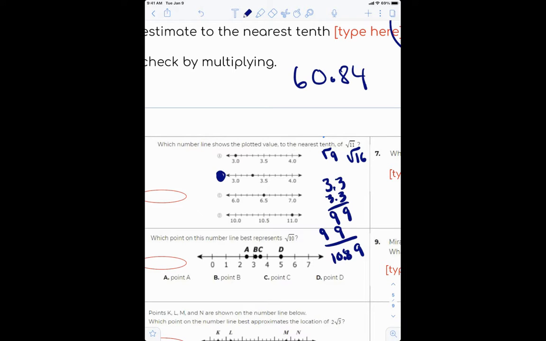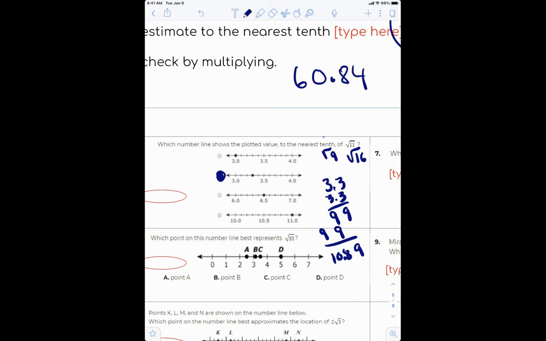So B is a good estimate. And so the next problem asks which point on the number line best represents the square root of 10. Well, the square root of 10 is going to be a little bit less than the square root of 11. It's very, very close to the square root of 9.